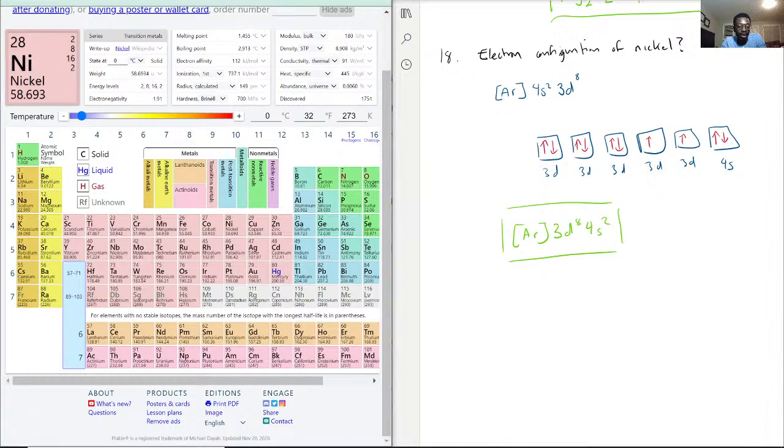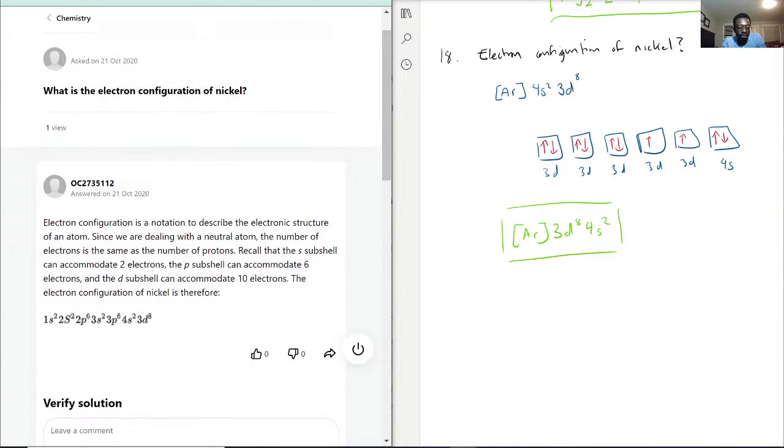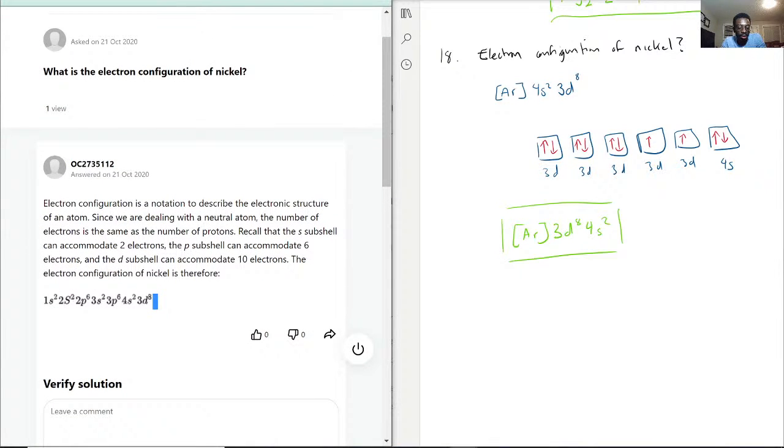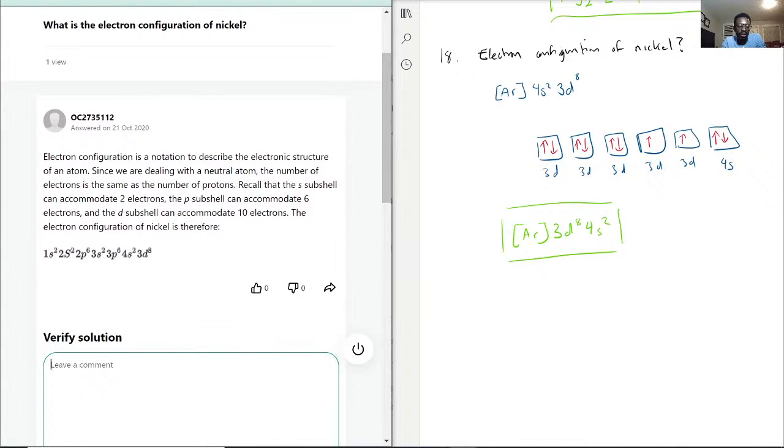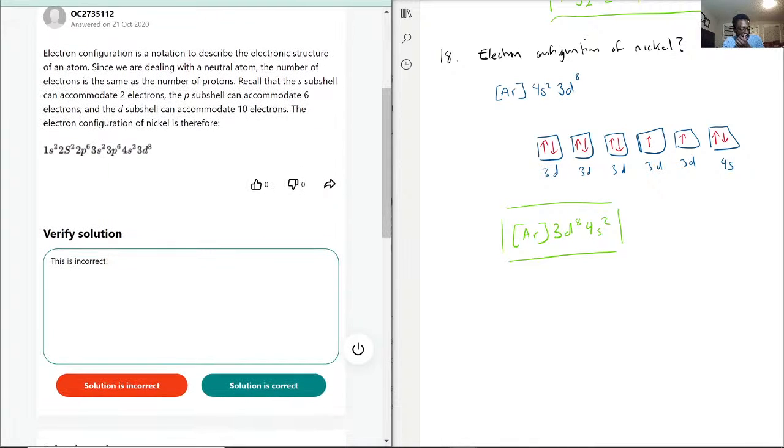Hopefully this one is correct. Let's see. So they put 4s2, 3d8. You want to make sure that your lowest number is always in front first. So this is technically incorrect. And the reason I say that is because I'm going to stress it again: make sure you have your numbers in order.